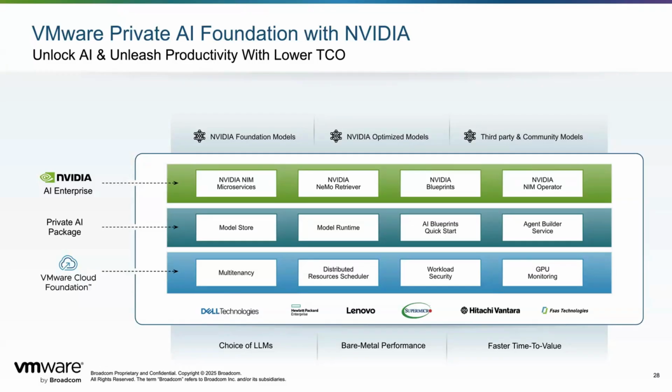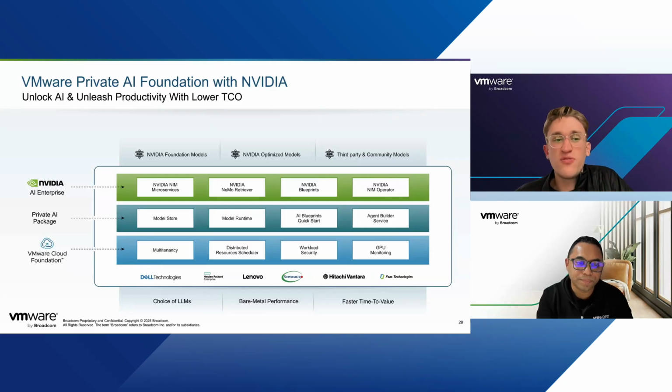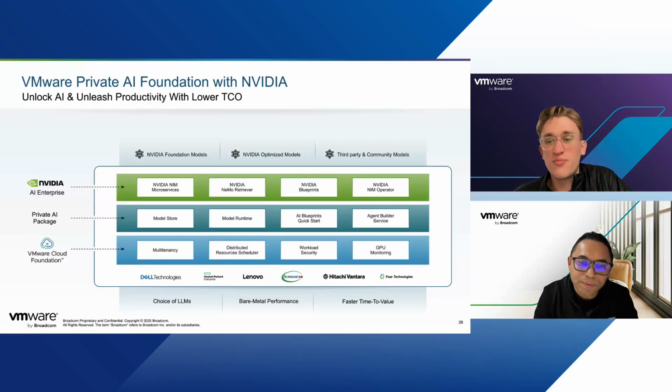So we have all of the great infrastructure capabilities that VCF offers, including workload security, multi-tenancy, all of the GPU controls, etc. And then we can start to up-level it with richer capabilities for running those AI platform capabilities like building agents and running models, and then combining that with some of the highly performant capabilities from NVIDIA AI Enterprise as well.